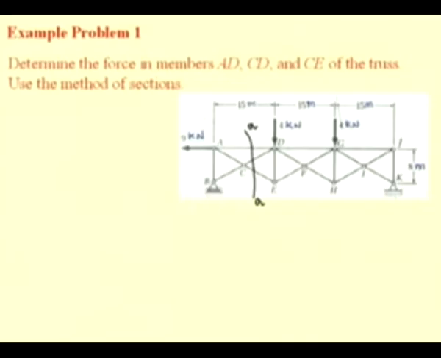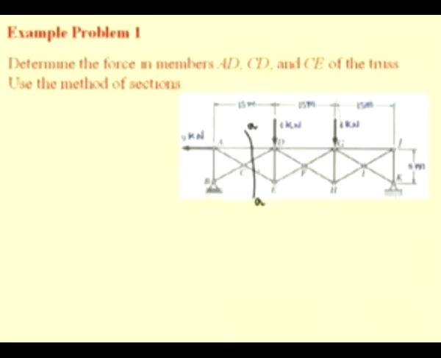Since the section passes through only 3 members, if we consider the free body diagram of this portion containing A, B, C, then it is possible to determine the forces in the members AD, CD and CE.